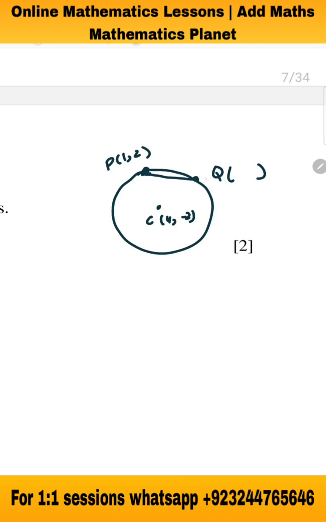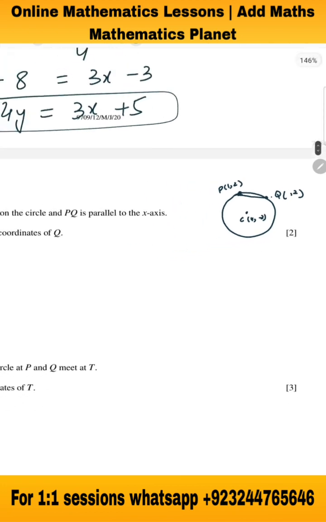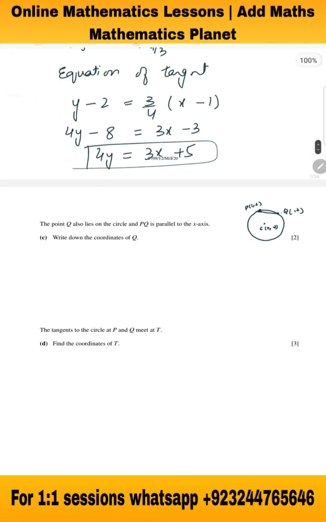So if they are parallel to the x-axis, the y coordinate would be same. The y coordinate won't change if they are parallel to the x-axis. Okay. So since PQ is parallel to the x-axis, the y coordinate of Q is equal to 2.